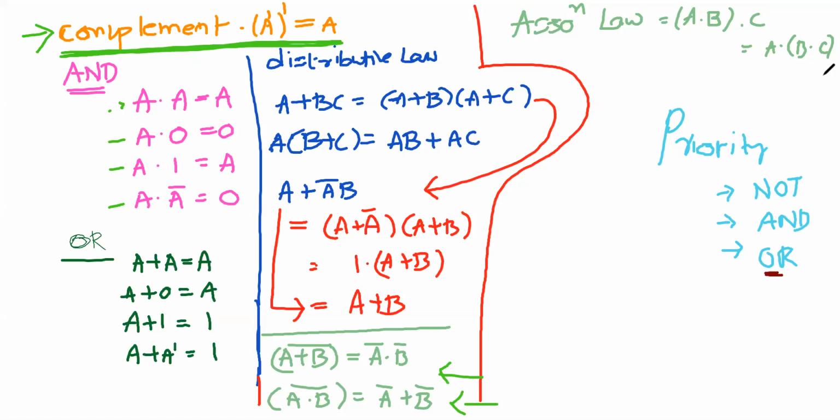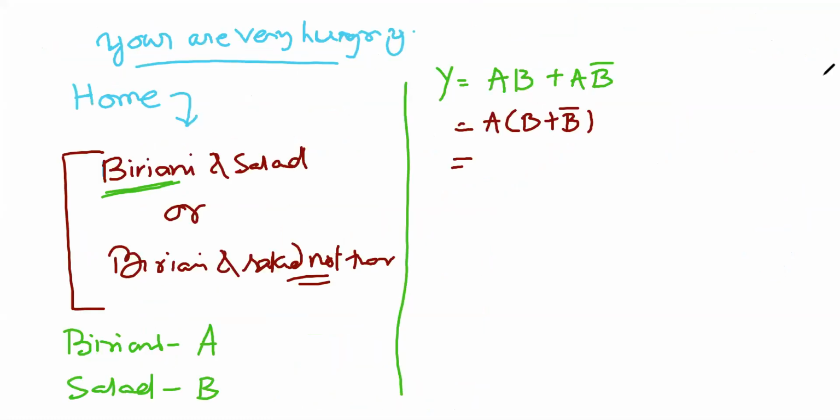It is 1. So A times B plus B complement is 1. A dot 1. What is A dot 1? A AND with 1 is A.